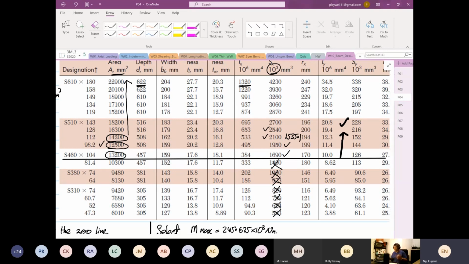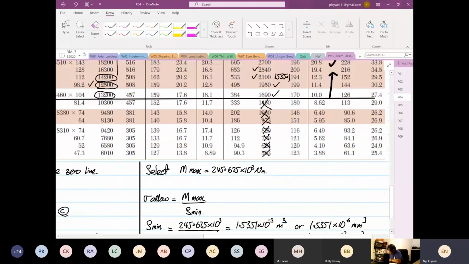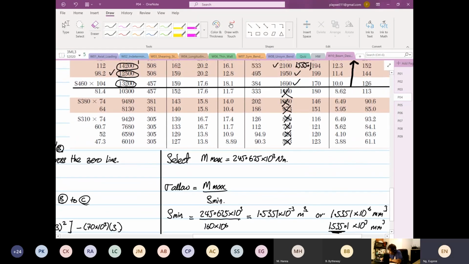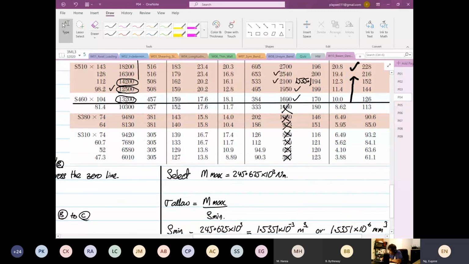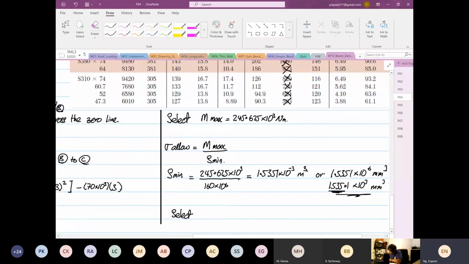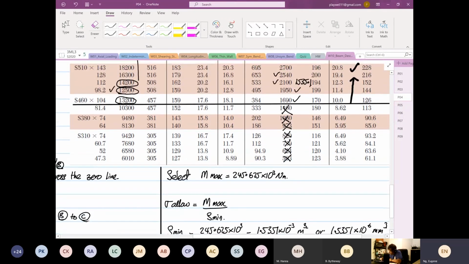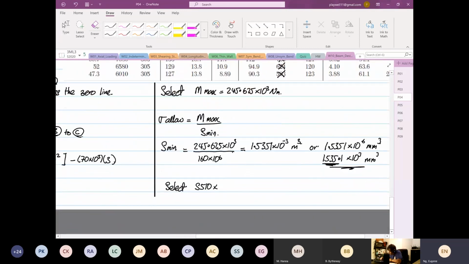So in industry, how do they sell steels? It's based on weight, right? The smaller your area is, the lighter. It's very obvious. So for this case, we're going to select S510, and then the data code is 98.2.